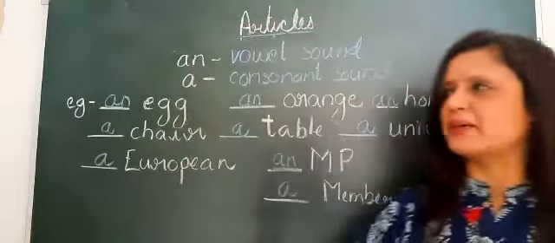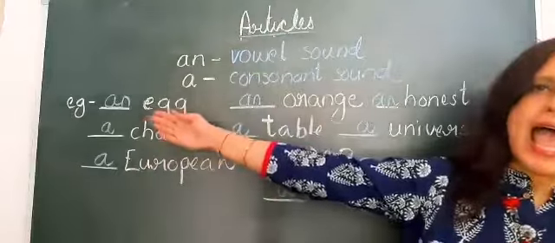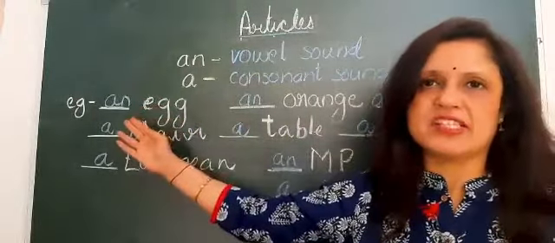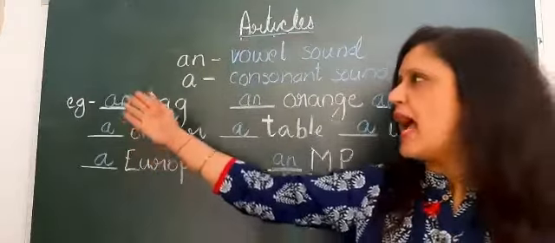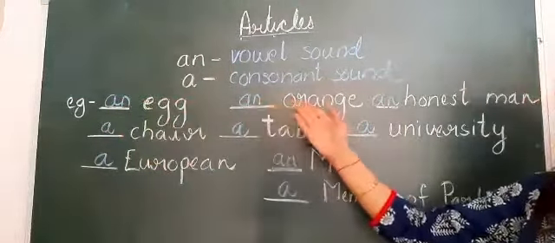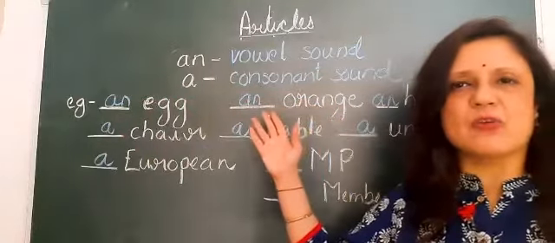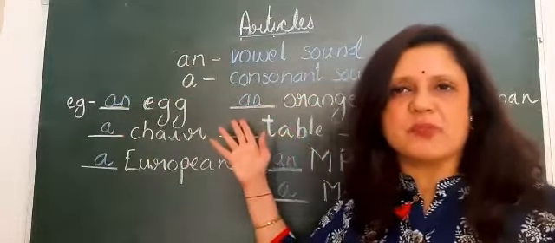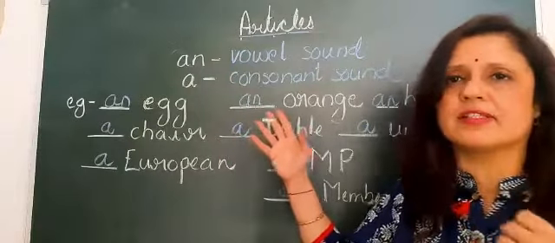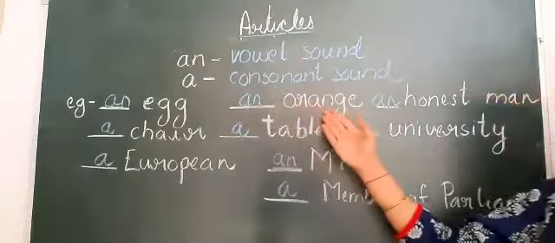Now let's look here. Egg, an egg. So egg begins with the sound e, which is a vowel sound, therefore an egg. An orange, because the sound with which orange begins is o, which is a vowel sound, therefore an orange.